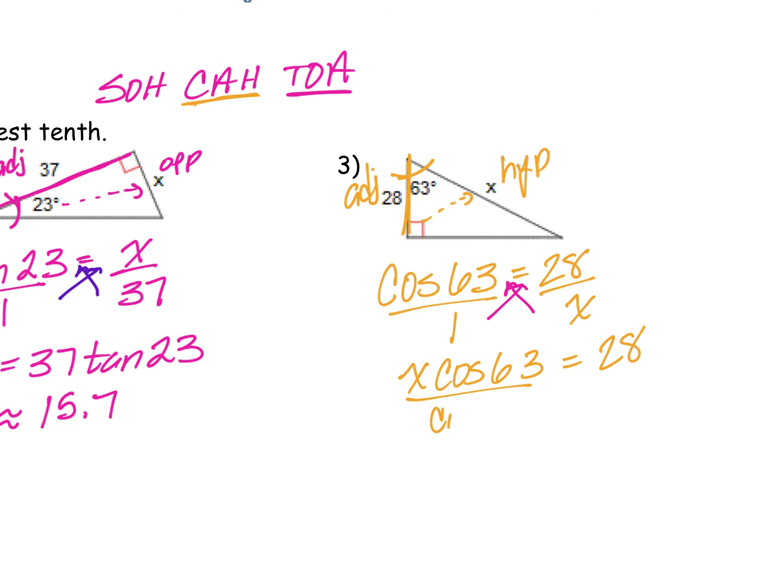Divide by cosine of 63. And x is approximately going to be equal to 28 divided by cosine 63, which is 61.7. Questions?